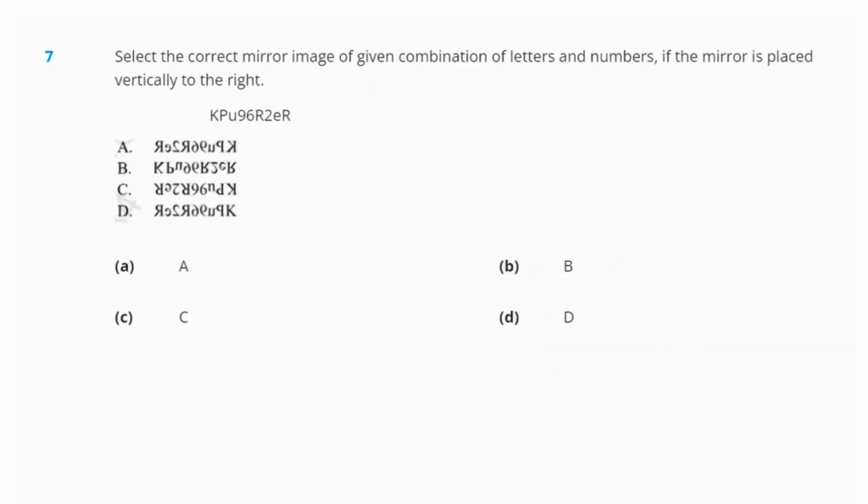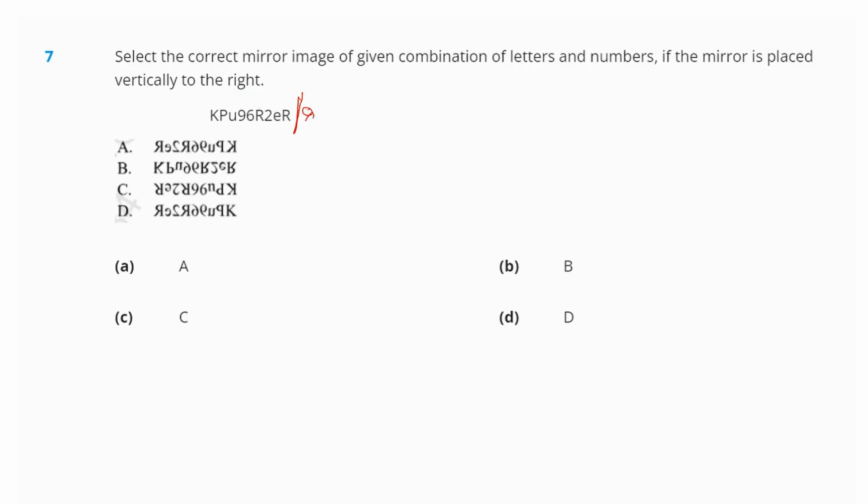Select the correct mirror image of the given combination of letters and numbers if the mirror is placed vertically to the right. So let's place the mirror first vertically to the right. The positions reverse.